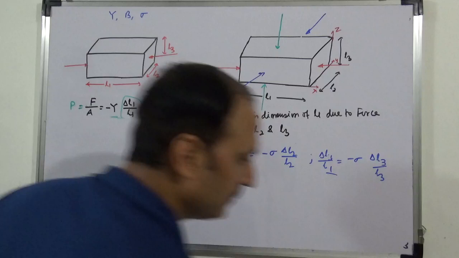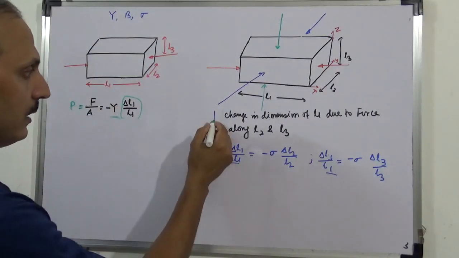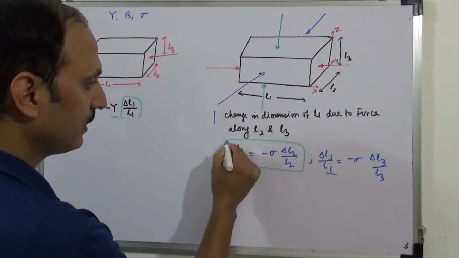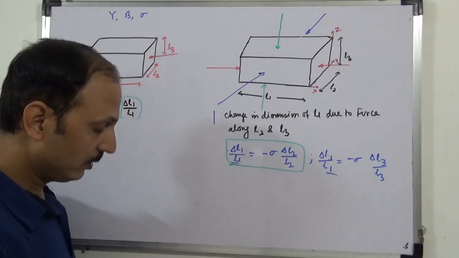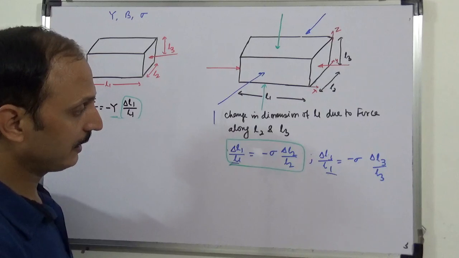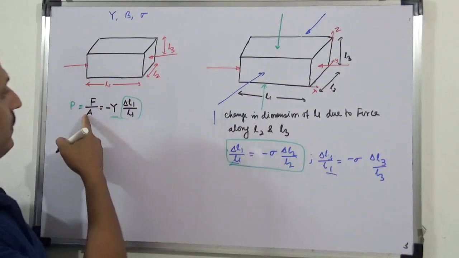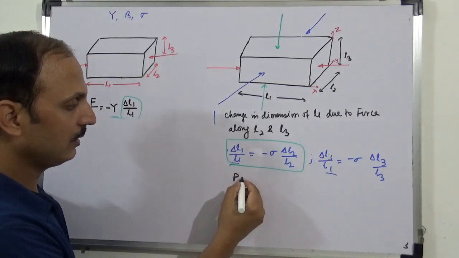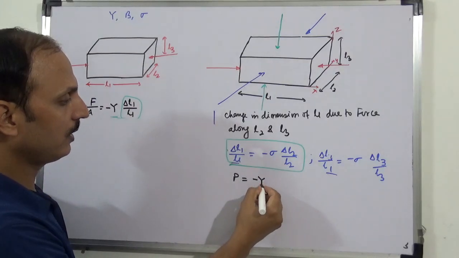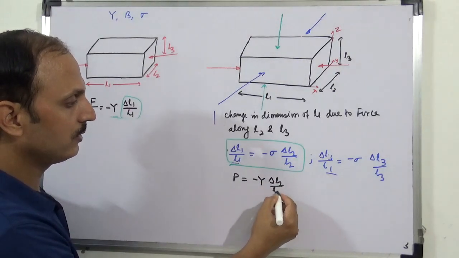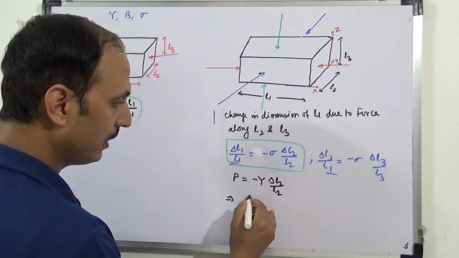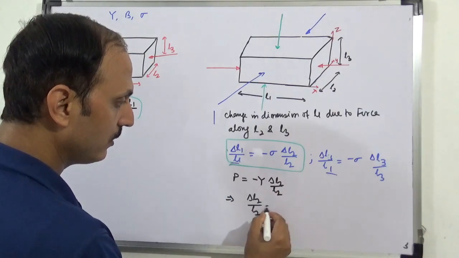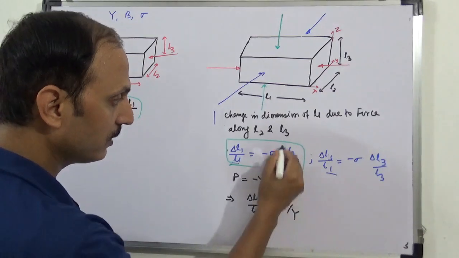So now, here this one, let's take this. This is the change in length of L1 due to force along L2. So due to force along L2, we can write the same equation here. We can write P is equal to minus Y delta L2 by L2. So from here we can write delta L2 by L2 is minus P by Y. Put this value here.